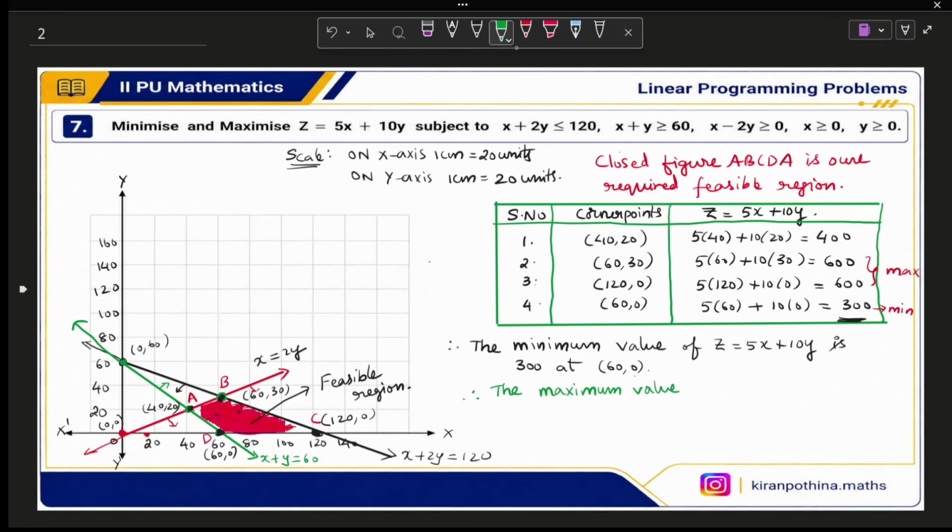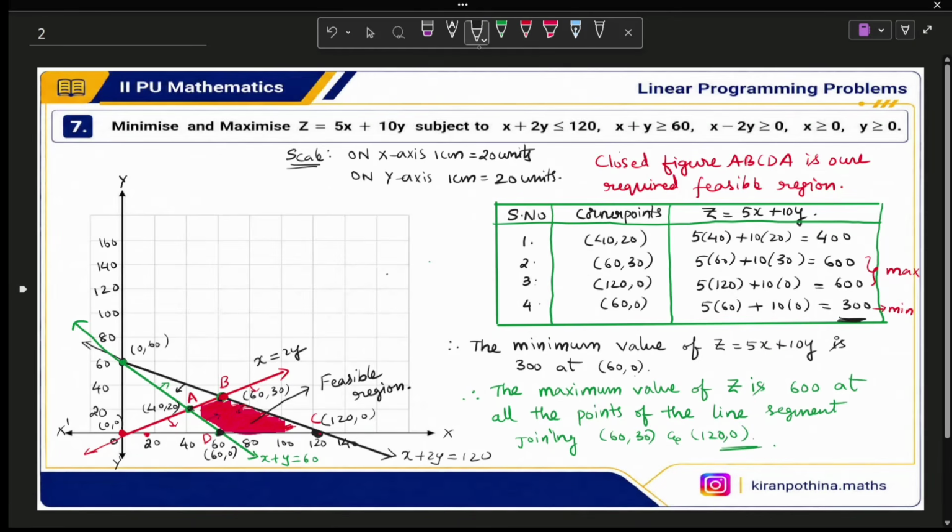The maximum value of z is how much? 600, but at all the points of the line segment joining which 2 points? 60 comma 30 and 120 comma 0. See guys, whenever we get the maximum or minimum at 2 points, we have to write the conclusion like this. Don't forget, this is very important.